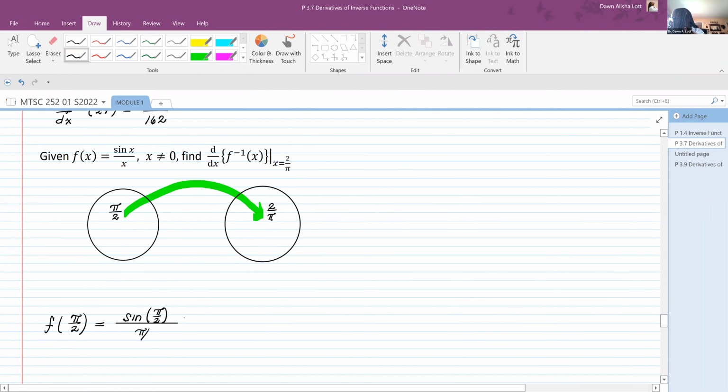The sine of pi over 2 is 1, so therefore this is 1 over pi over 2, or 2 over pi. So F picks up pi over 2 and takes it to 2 over pi. And F inverse picks up 2 over pi and takes it back to pi over 2.